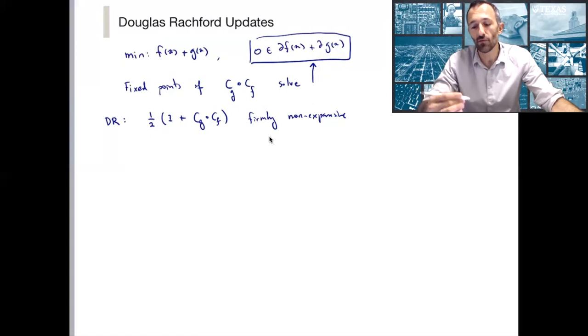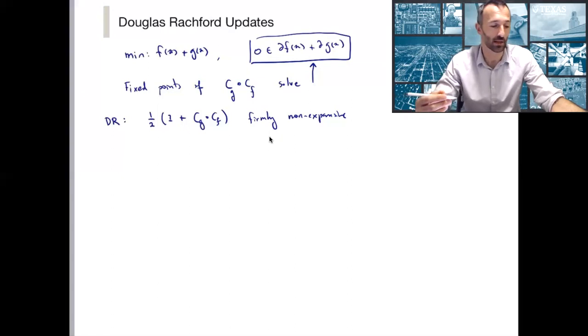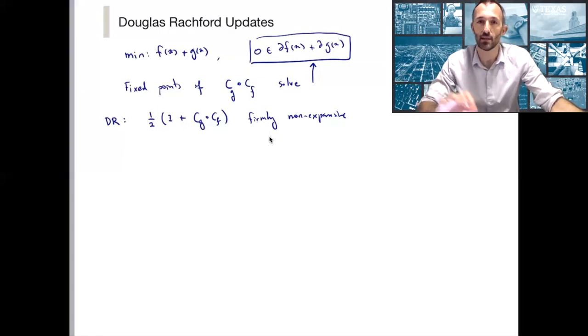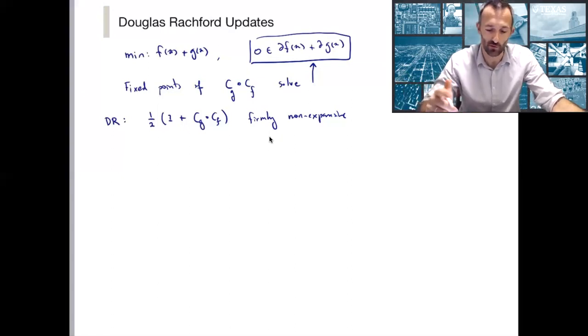And if C and F are the Cayley operators of maximally monotone operators, then we're guaranteed that they have the right fixed points and that their composition is non-expansive. That's, in a sentence, the flow of what we've seen so far.